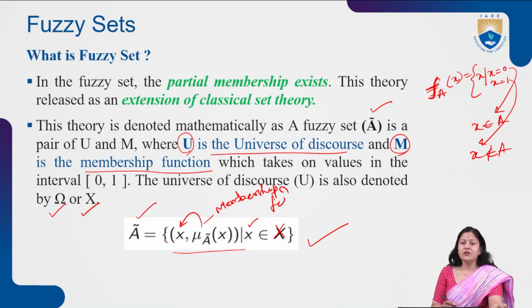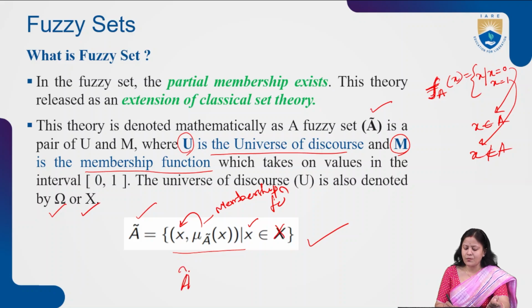The representation for the membership of the fuzzy set we can represent using the tilde symbol. If A is a fuzzy set, then A tilde is equal to x, where x is an element of the fuzzy set, and its membership value can be represented as mu of A tilde of x.